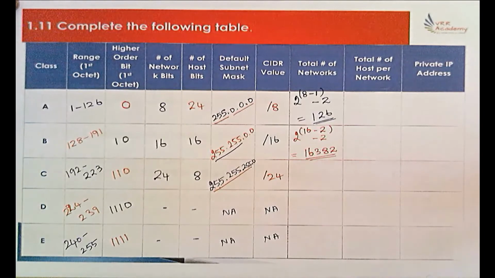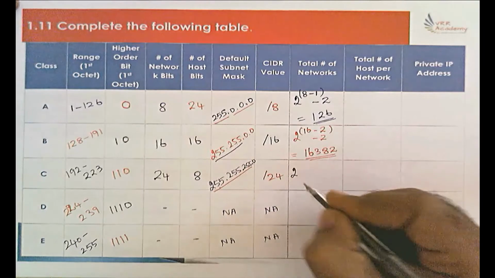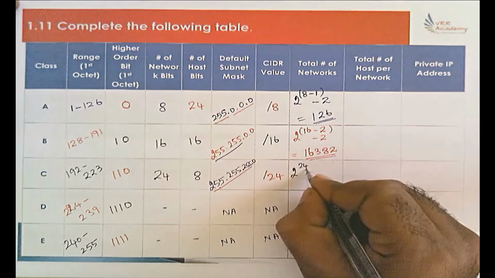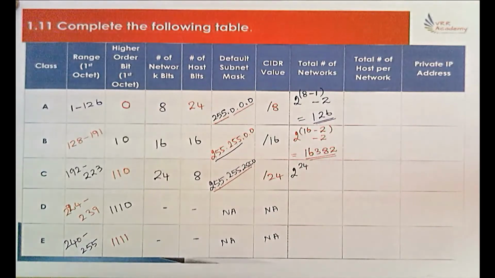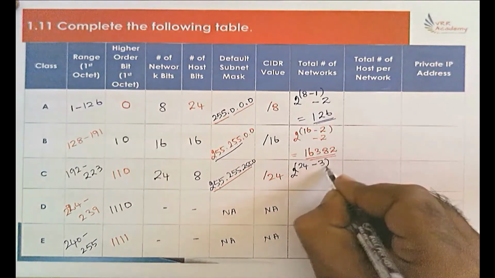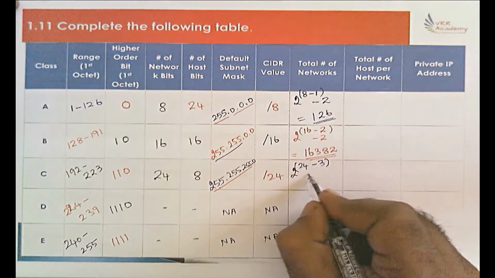Moving on to class C, the same formula: 2 to the power of the number of network bits, which is 24. Now I am going to reduce 3, because 3 bits are given for the higher order here, then minus 2.